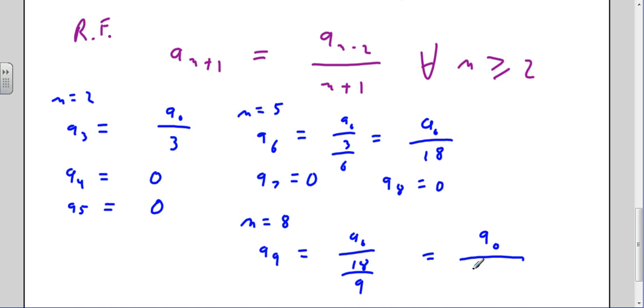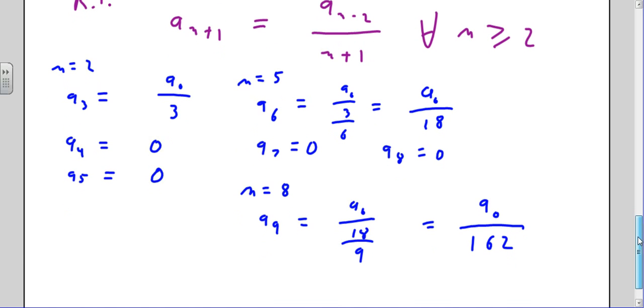And we're going to call that, what are we going to call it? 162. A0 over 162. All right, well that's fine. All right, and if I continue, I'd have A, and then I could come up with an A12 if I wanted to, but I don't really want to.